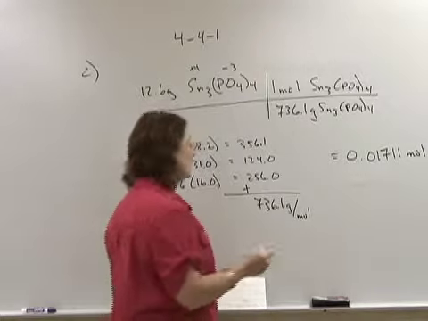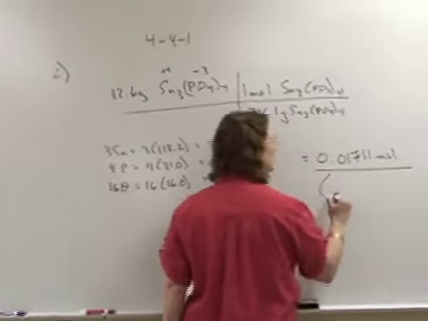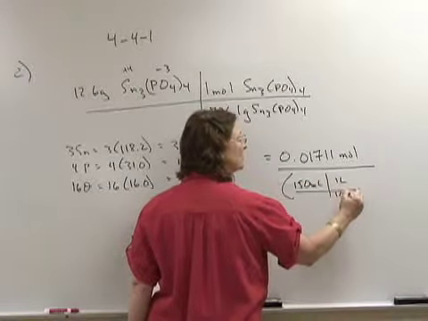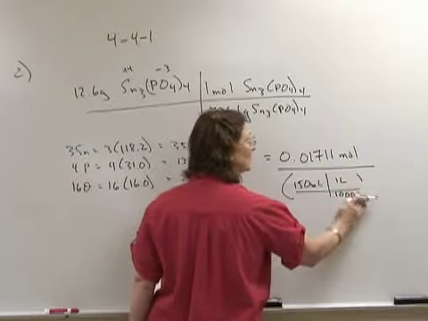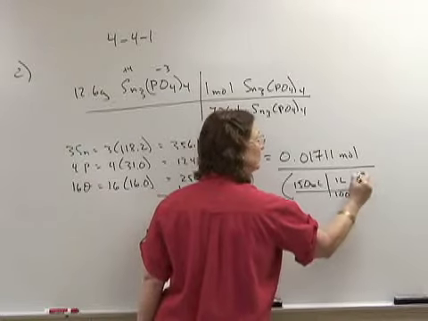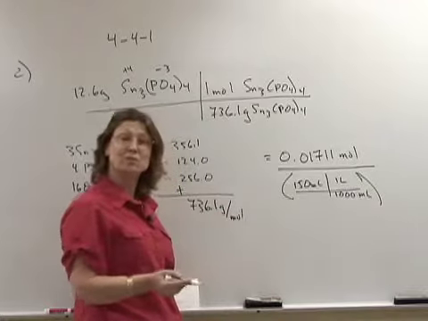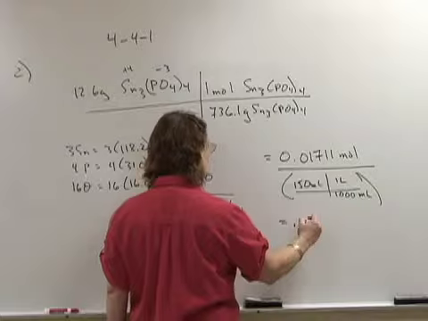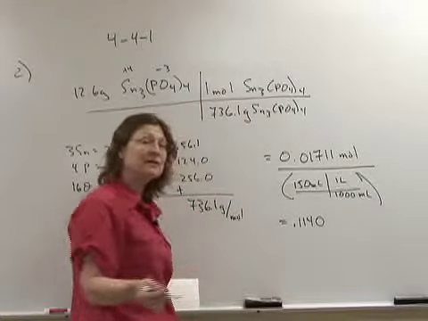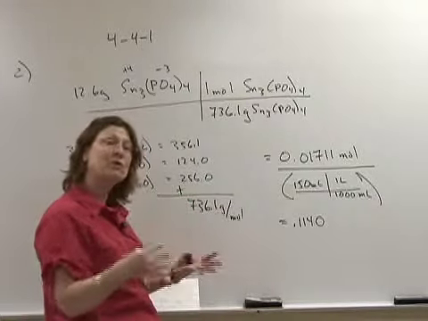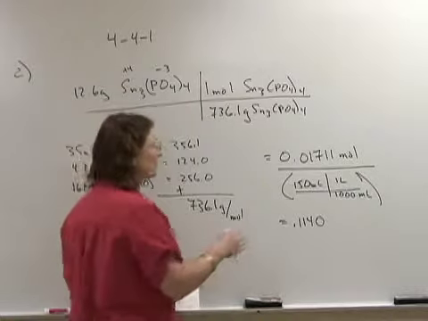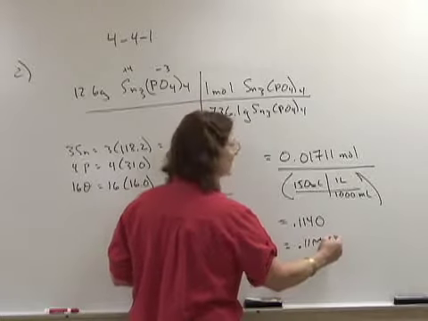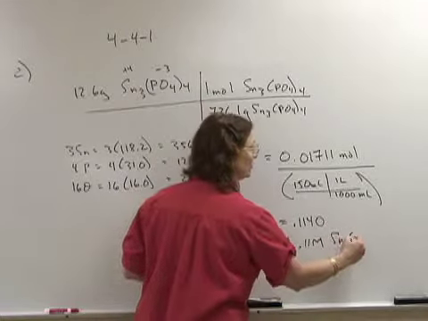So I'm going to divide it by the volume of the solution, which is 150 milliliters, and I'm going to change that to liters because molarity is moles per liter of solution. And when I do this, I get 0.1140. Now we know this is not the final answer, but my answer that I'm going to use to find the other ions. And therefore I want two significant digits. And that is the molarity of the tin 4 phosphate.